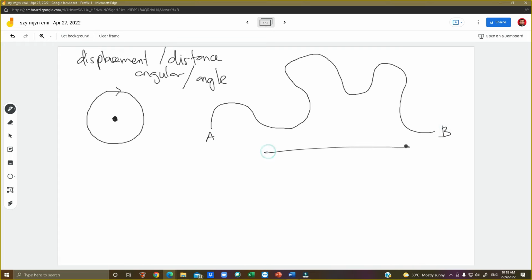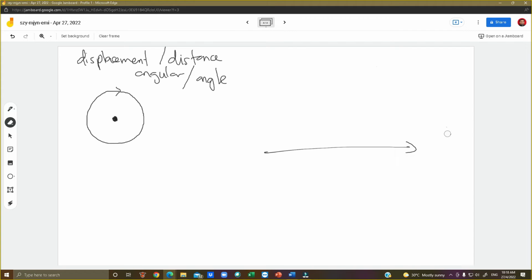Move forward, this is linear motion. Exactly curvilinear. Angular, when you see angular, it will have an axis of rotation, meaning that the motion will be surrounding the axis of rotation. Okay. So this is an example of angular motion.